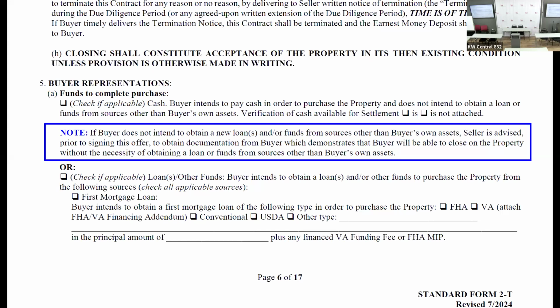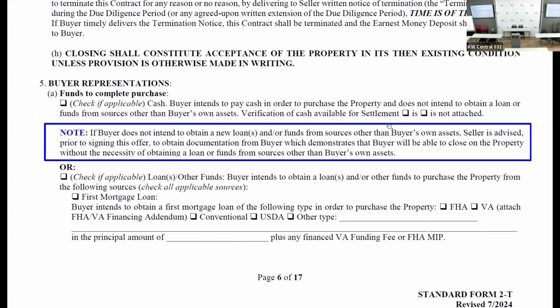Okay, so buyer representation, these are things that aren't necessarily contingent to the offer. What this is, buyer representation is the buyer telling the seller essentially what their ability is to close on the property. So if it's cash, it's cash. We want to see proof of funds.